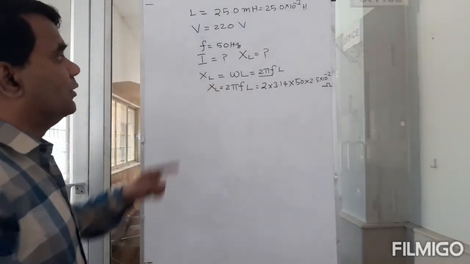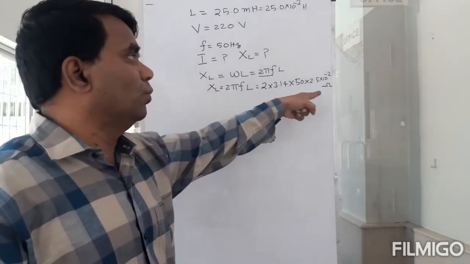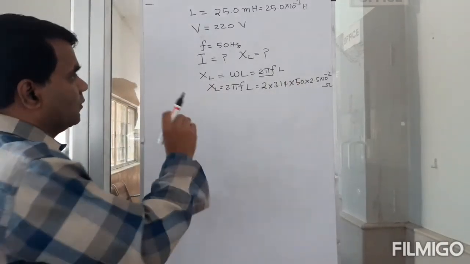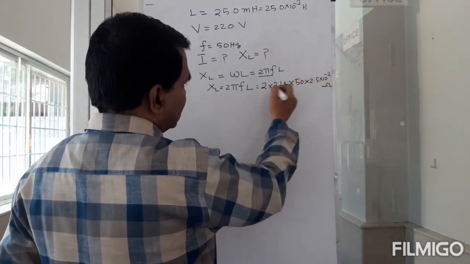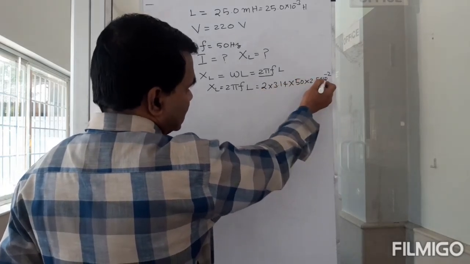I told you the unit of inductive reactance is ohm. Now 2 into 50 is 100, that will cancel with this 100.